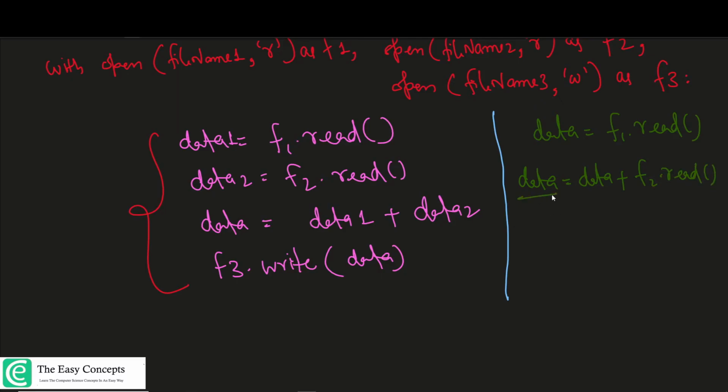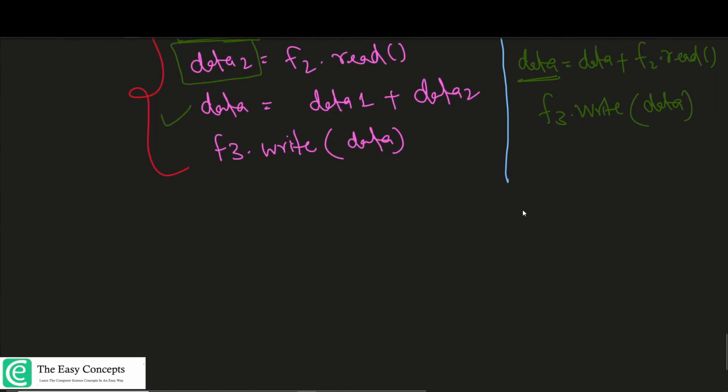So basically we have data, we don't have two variables now, data1 and data2. We have made a single variable data, and then we can write f3.write and data. Clear? So these are two different ways.